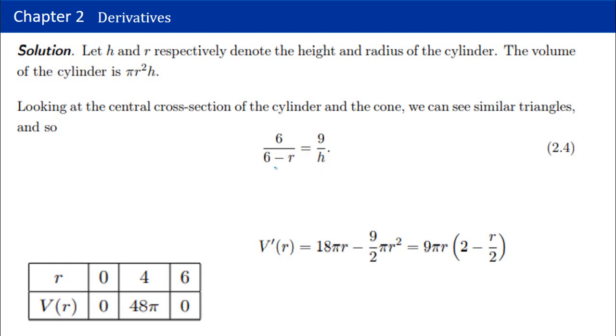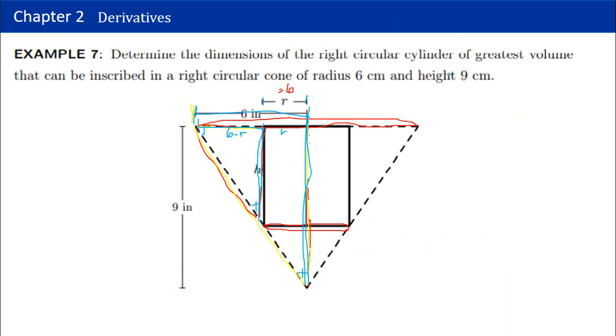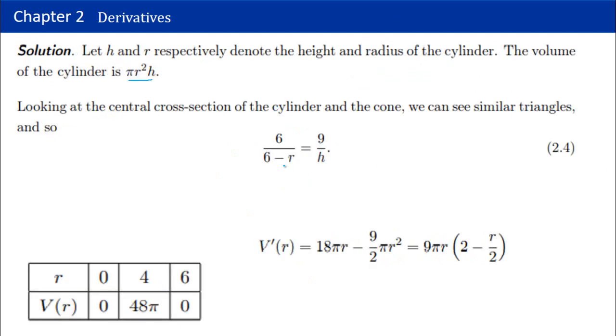So what are we going to solve for? Remember, we want to maximize the volume of the right circular cylinder. We have r, so we will solve for h. So h equals 9 times 6 minus r over 6. Why did that happen? It is just cross products: 9 times 6 minus r over 6 equals h.